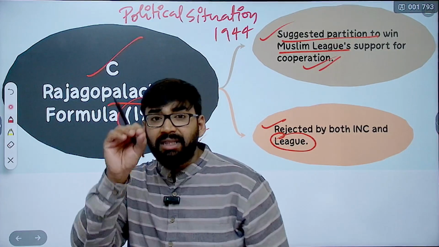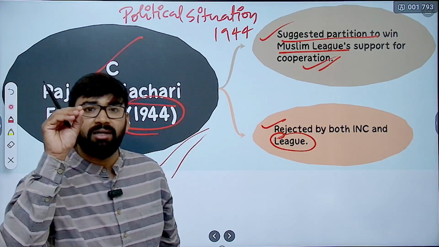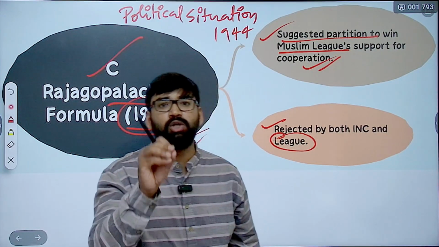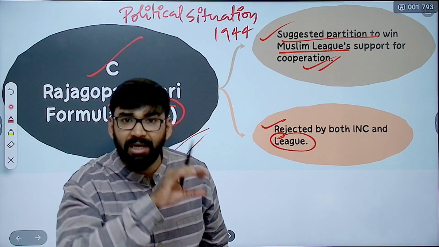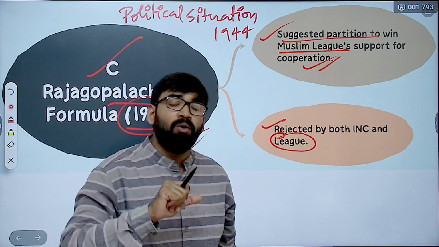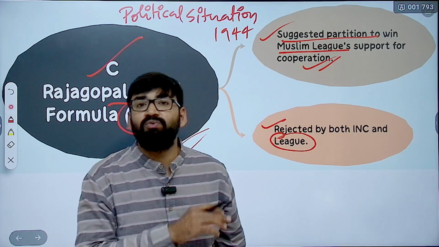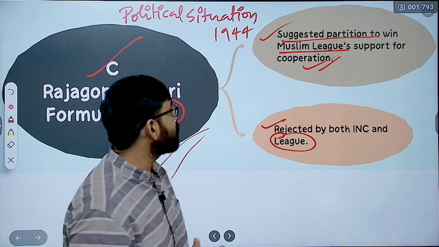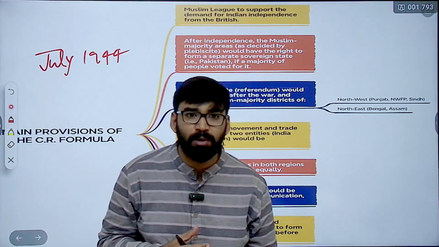Now, Gandhi ji realized that a negotiated settlement was crucial to unite the Indians before talking to the British. Because of this, this formula was proposed. So, why was this C. Rajagopalachari formula proposed?